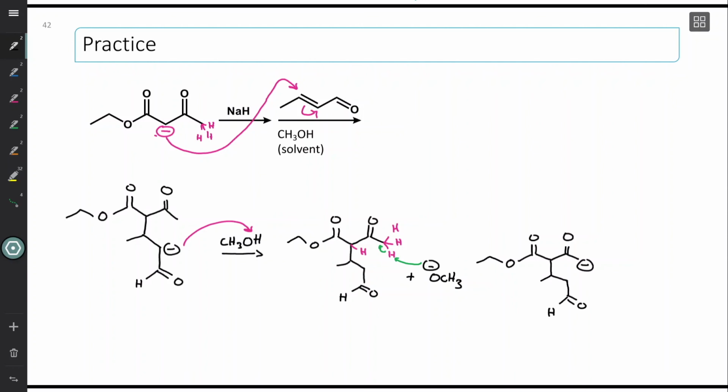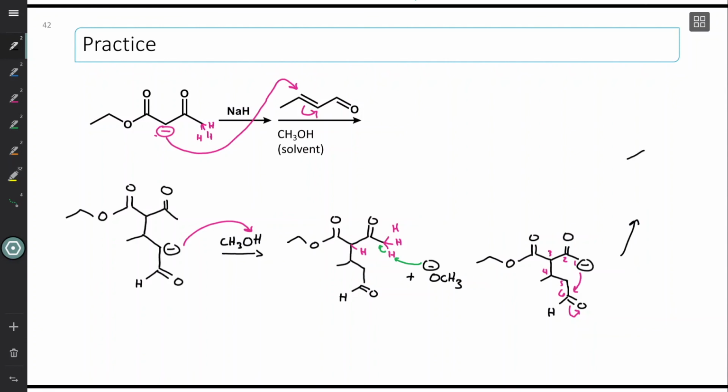The aldehyde, right? And now if this enolate comes in and attacks our aldehyde, what's our ring size? 1, 2, 3, 4, 5, 6. That's definitely a favored ring size, so that will happen.